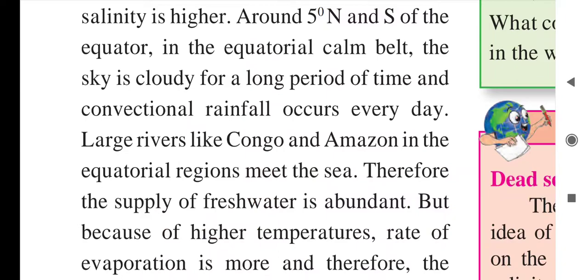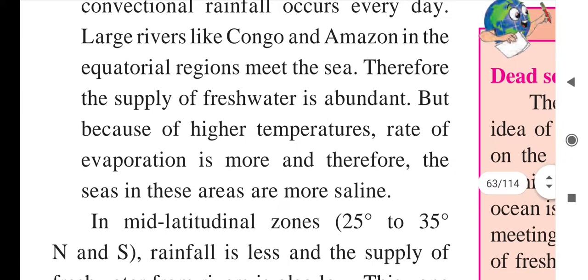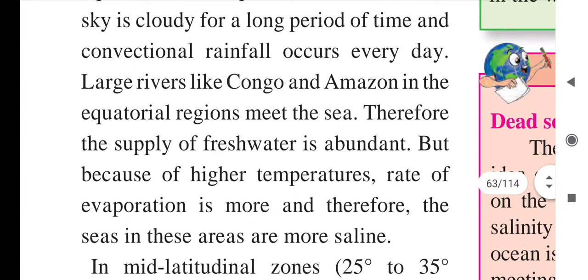Though there is a supply of fresh water, though the Congo river and Amazon river meet there, and convectional rainfall is falling in that region, still due to the high temperature, the rate of evaporation is more.